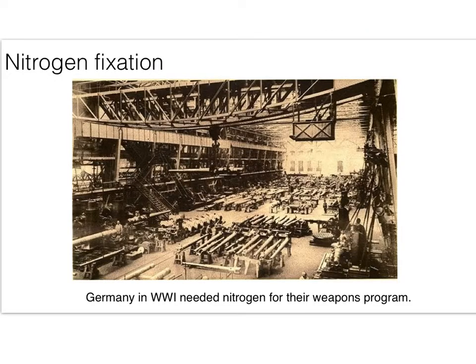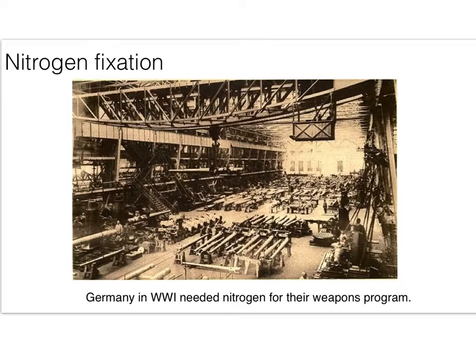Well, come around World War I, Germany had another problem, and that was that the German war machine needed nitrogen to make weapons. They needed to make bombs, actually, and so they needed to chemically synthesize some bombs, and a lot of explosive molecules have high nitrogen content.